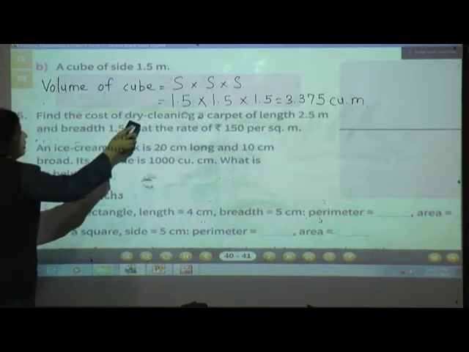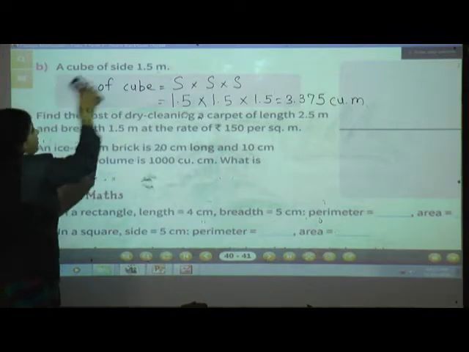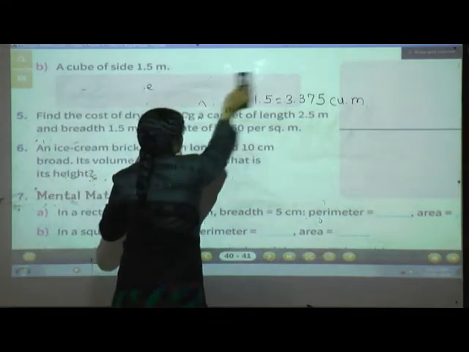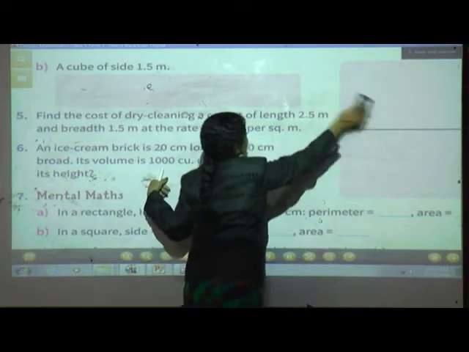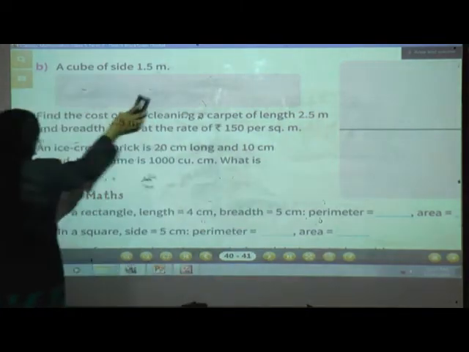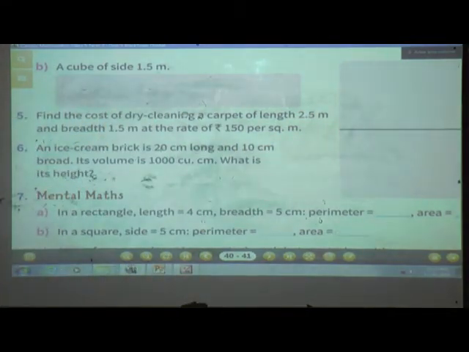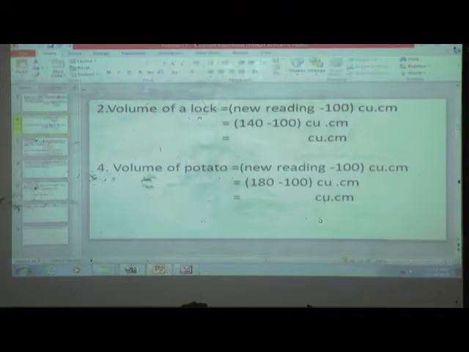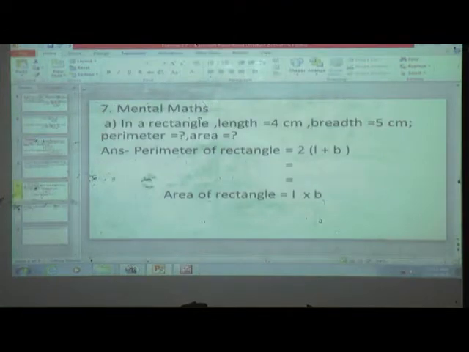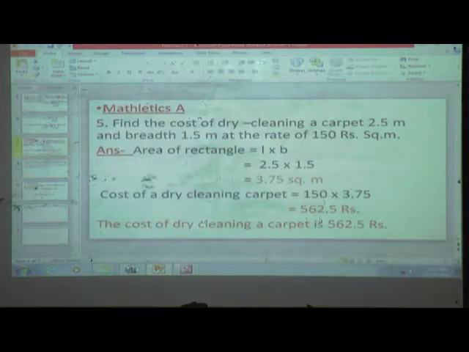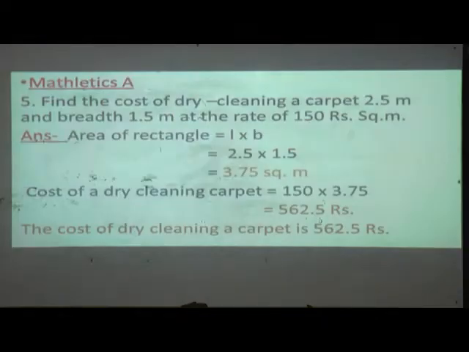Find the cost of dry cleaning a carpet of length 2.5 meter and breadth 1.5 meter at the rate of 150 rupees per square meter. So students, here is a question and we are going to solve it.